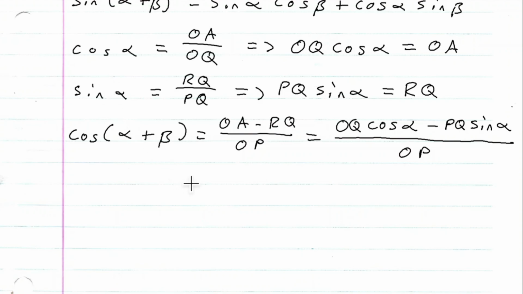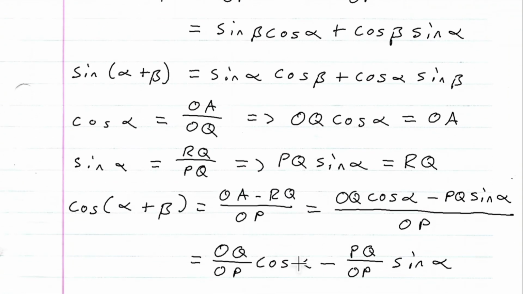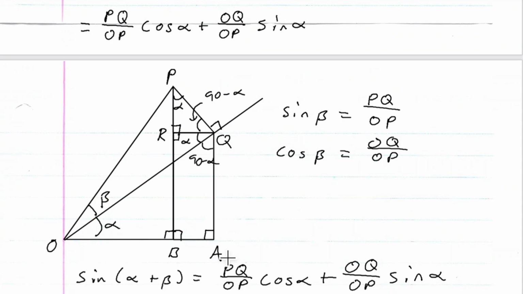And this is equal to, we can write this as OQ over OP cosine alpha minus PQ over OP sine alpha. Now let's look at what OQ over OP is. That looks like cosine of beta.